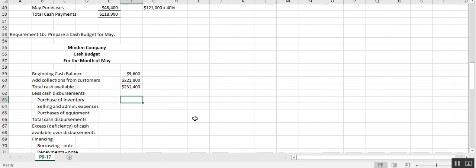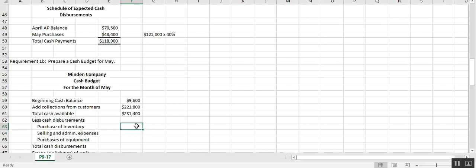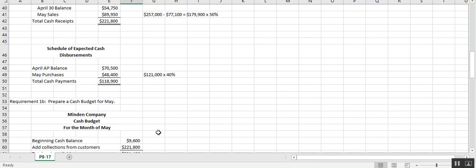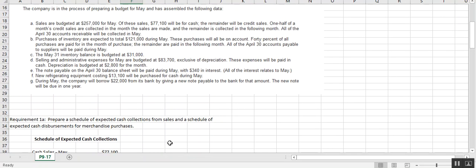So the first thing I have listed is our purchase of inventory. And again, up here is our schedule of expected cash disbursements, and that was for the purchase of inventory. So that $118,900 goes down here. Oh, let's see, selling and administrative expenses. Let's go back up to our instructions.